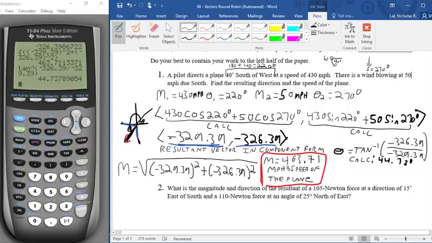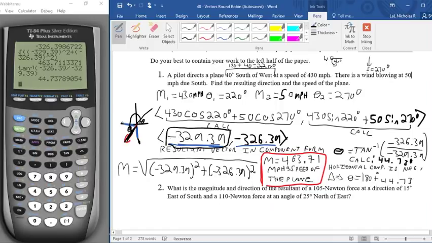And that's going to be 180 plus our reference angle, because our horizontal component is negative. Therefore, theta is going to be equal to 180 plus 44.73.